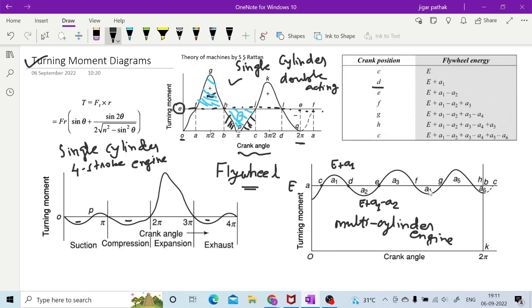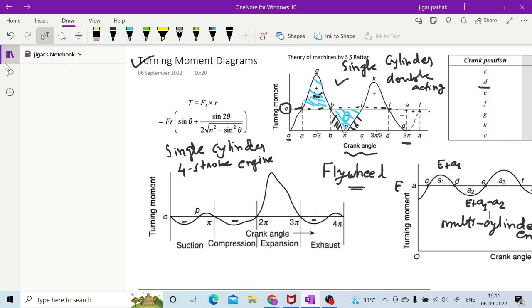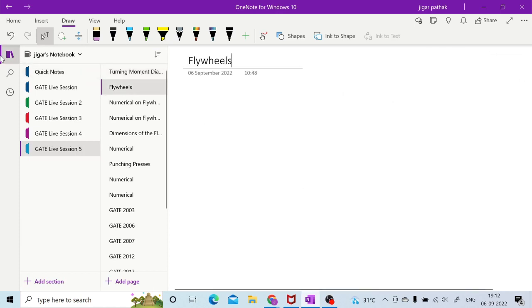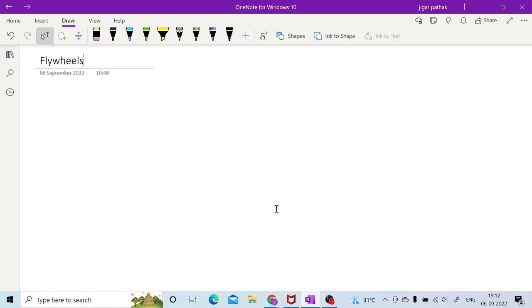So this is how you have this summation and subtraction of area as it is above the mean line or below the mean line. This is how you will have the turning moment diagrams, right. Once you have an idea about this turning moment diagram, then we can go for this flywheel, right.